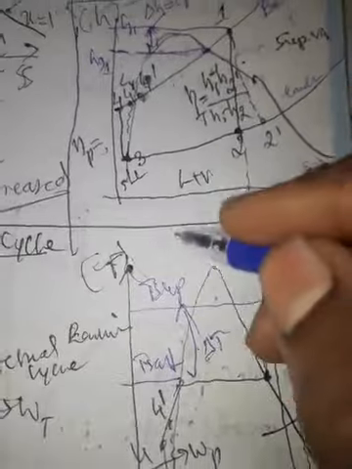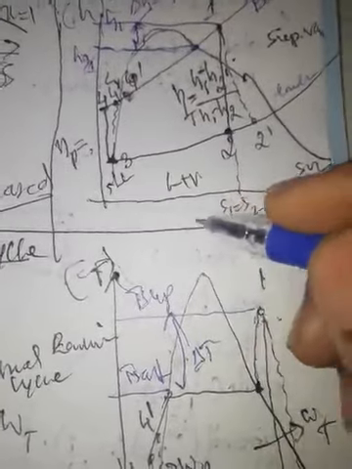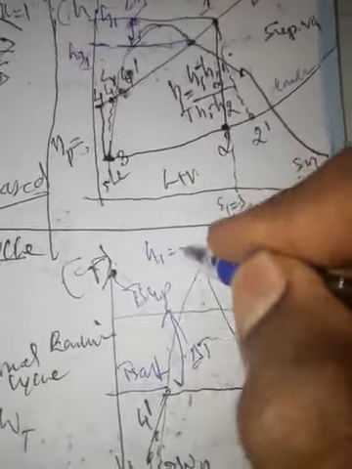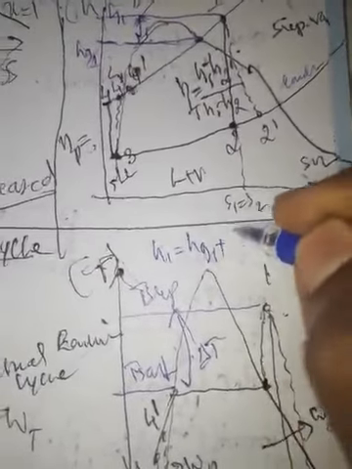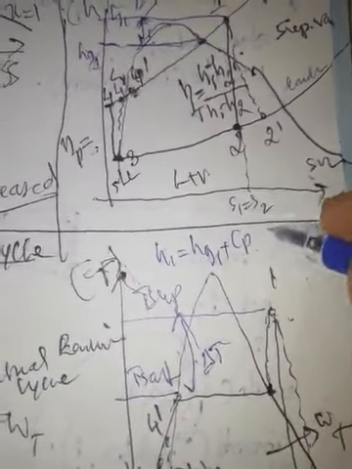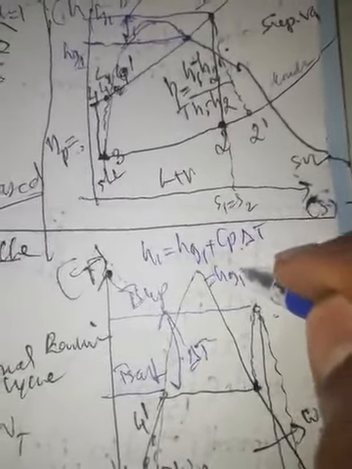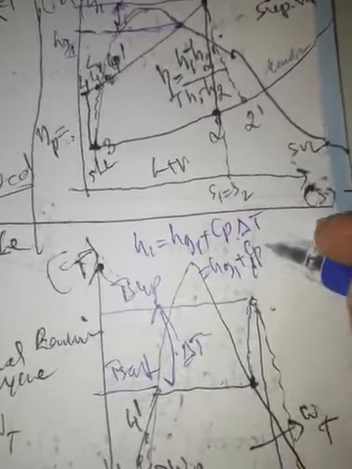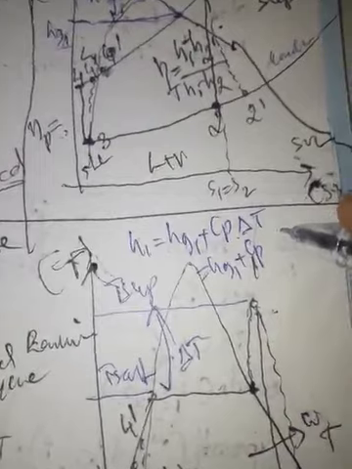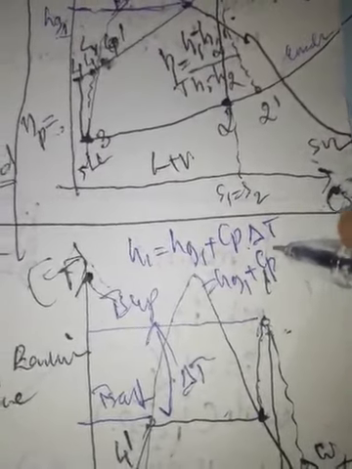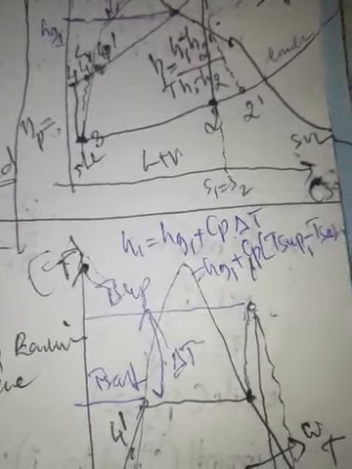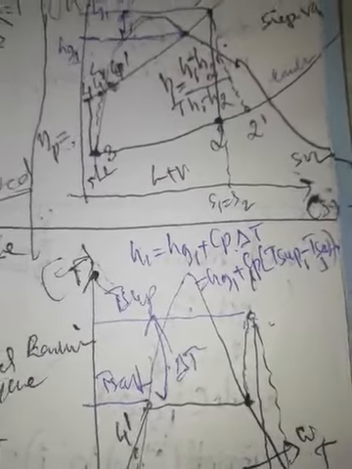So finally I will write H1 is equal to Hg1 plus Cp into delta T. So that is Hg1 plus Cp of superheated steam, we take it standard as 2.1 kilojoule per kg Kelvin, into T superheated at 1 minus T saturated 1. Okay.